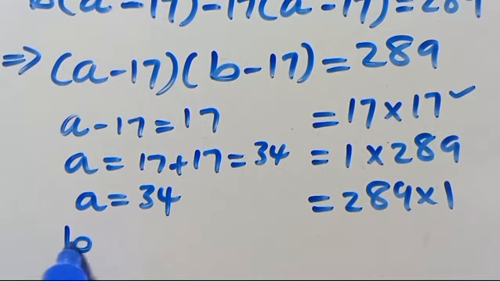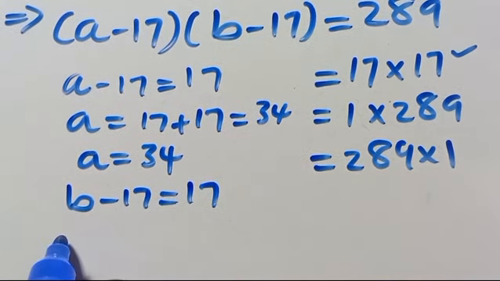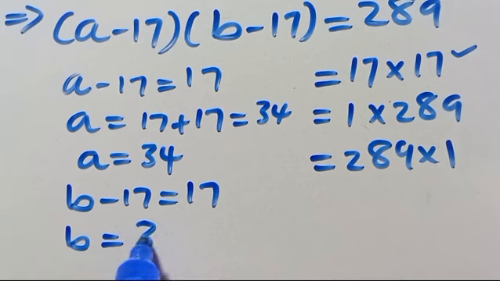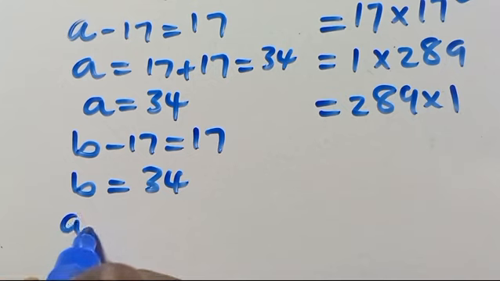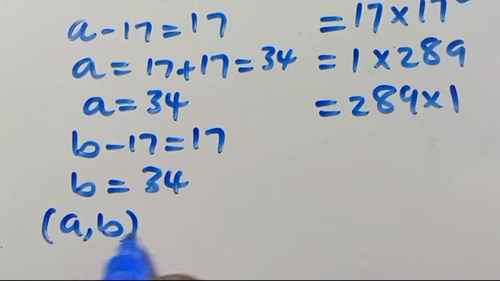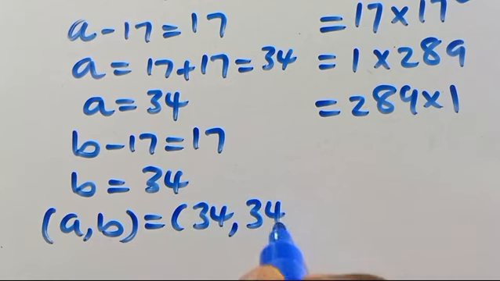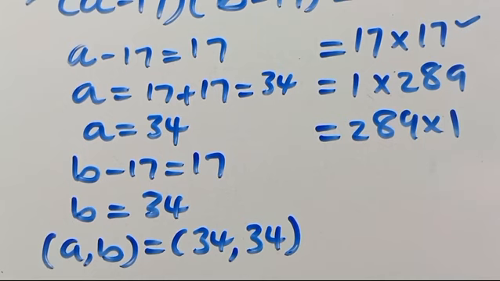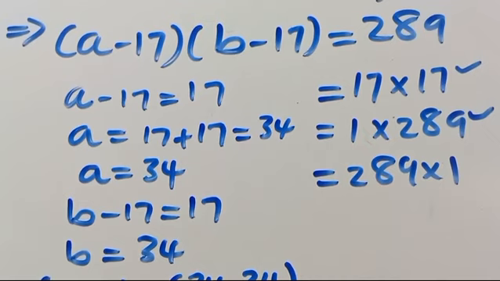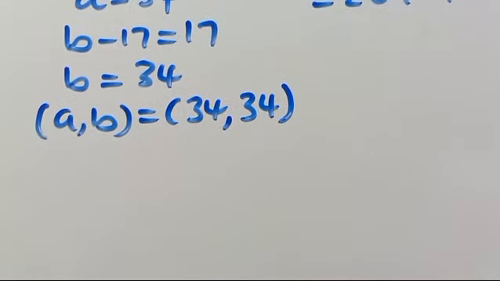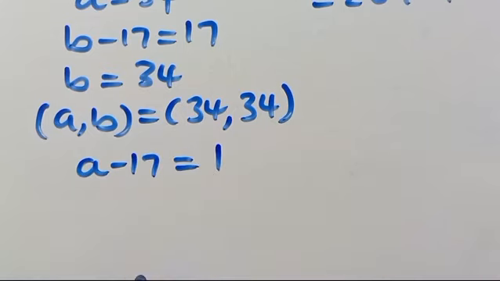This also implies we have b equals 34. So the first solution, a comma b, equals 34 comma 34.